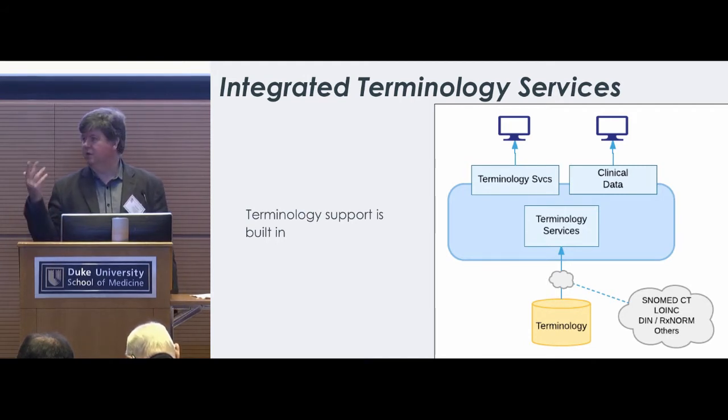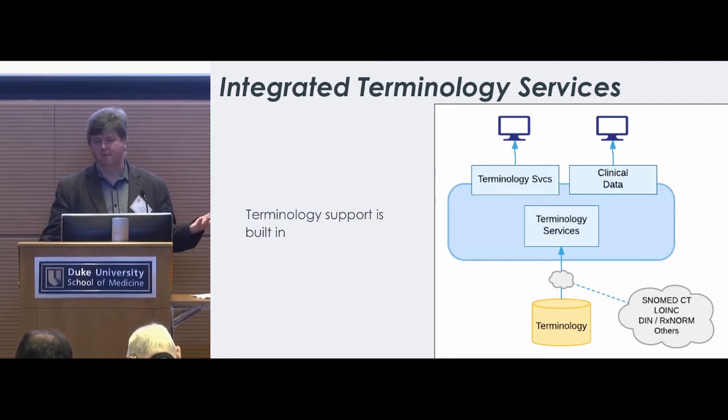The terminology services also obviously are able to handle just straightforward putting in of the standard format, throw in SNOMED or LOINC or ICD-10 and then just look up those terms as you would traditionally. So it's an integrated service that lets you do both.